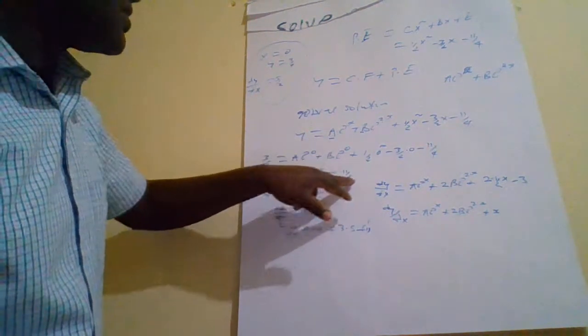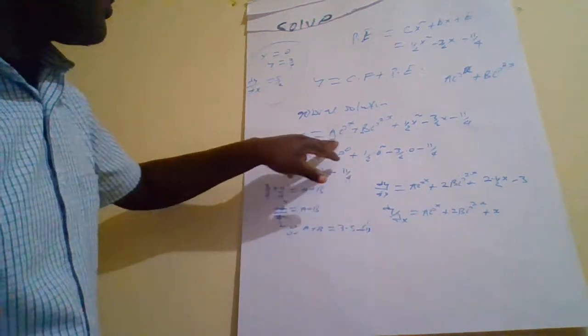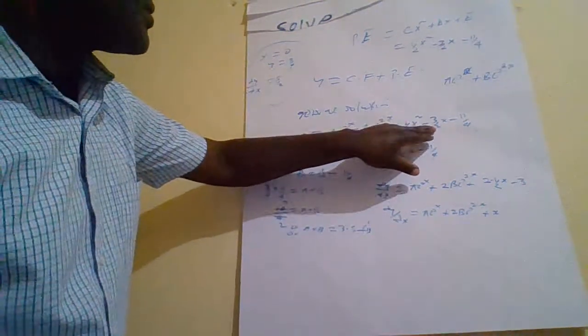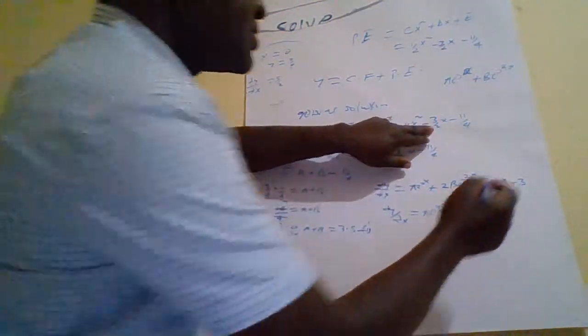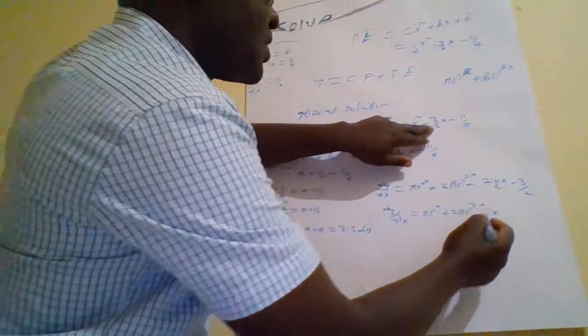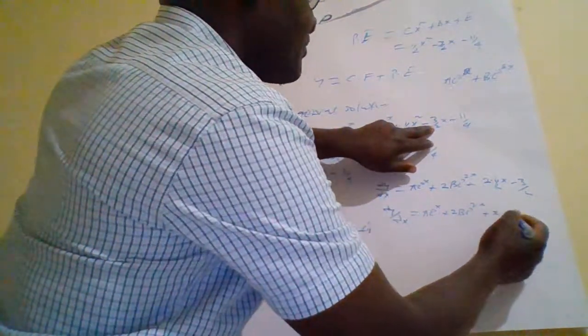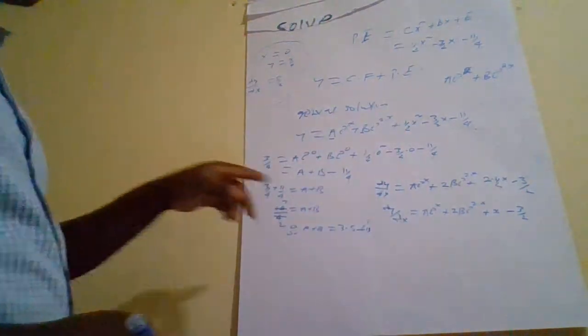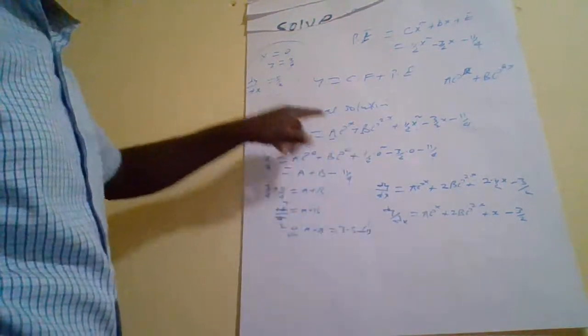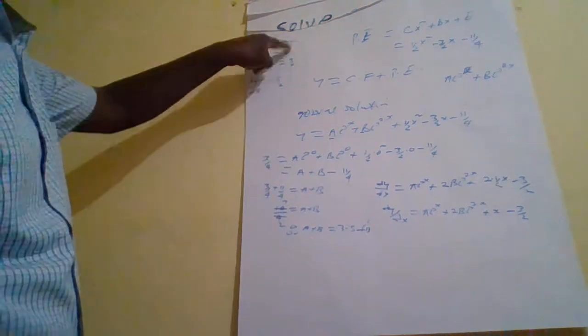We are differentiating this, so we have that. But they are saying that dy/dx equals 5/2 when x equals 0.